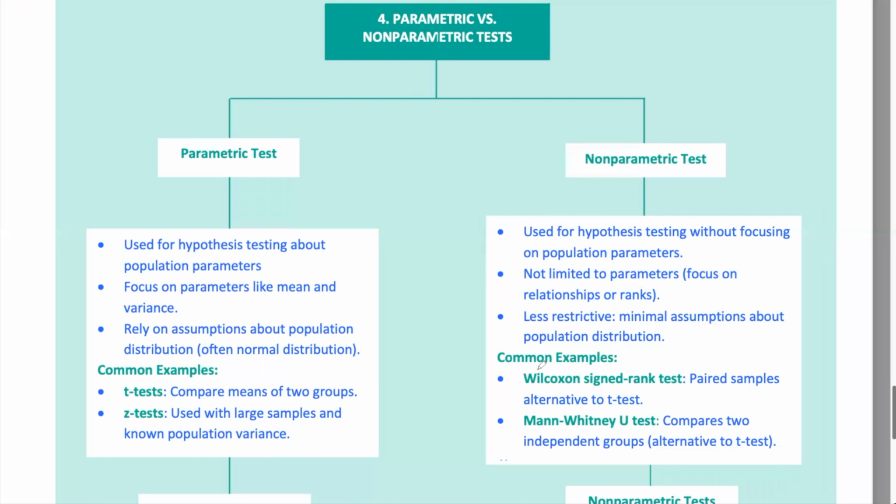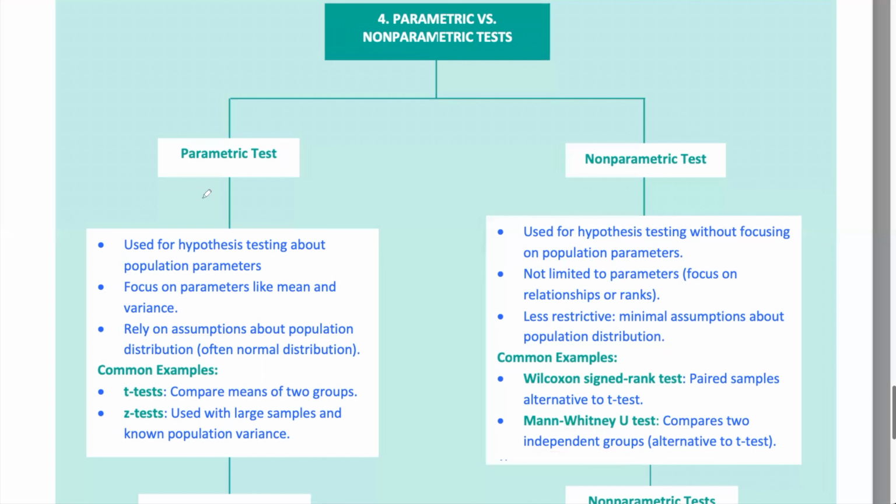Some common examples of non-parametric tests include Wilcoxon signed rank test and Mann-Whitney U-test. Wilcoxon signed rank test is a non-parametric alternative to the t-test for paired samples. Mann-Whitney U-test is used to compare differences between two independent groups when the assumptions of the t-test are not met.